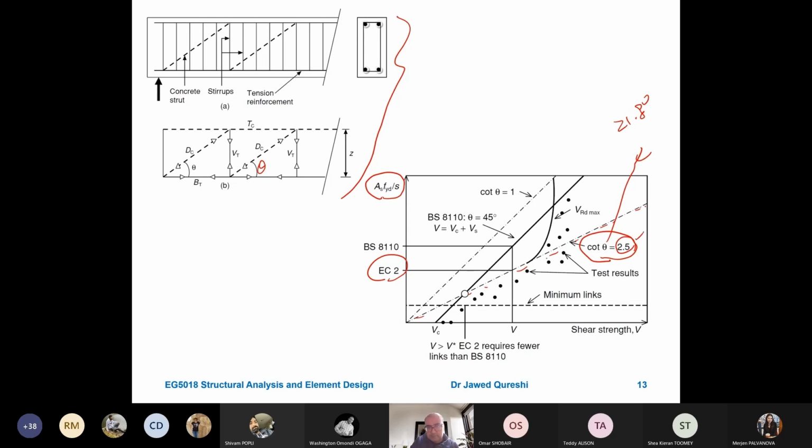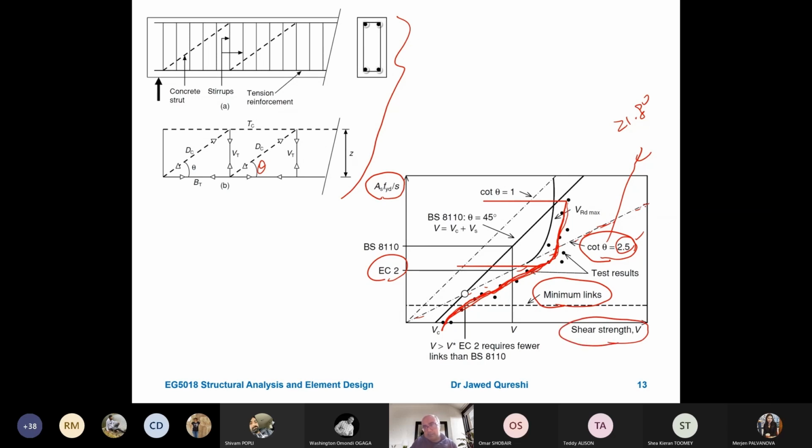And these are the test results. This dotted line is the best fit, but the test results are these. We map these angles around these test results, and then we come up with the solution. And the bottom dotted line is the minimum links. And here the horizontal axis represents the shear strength.